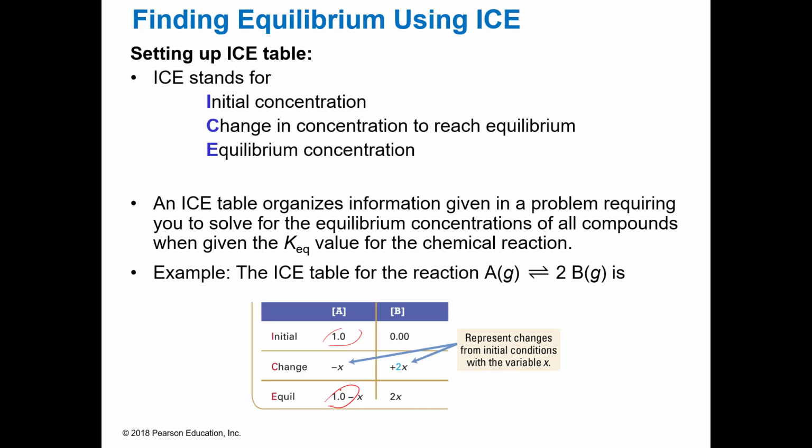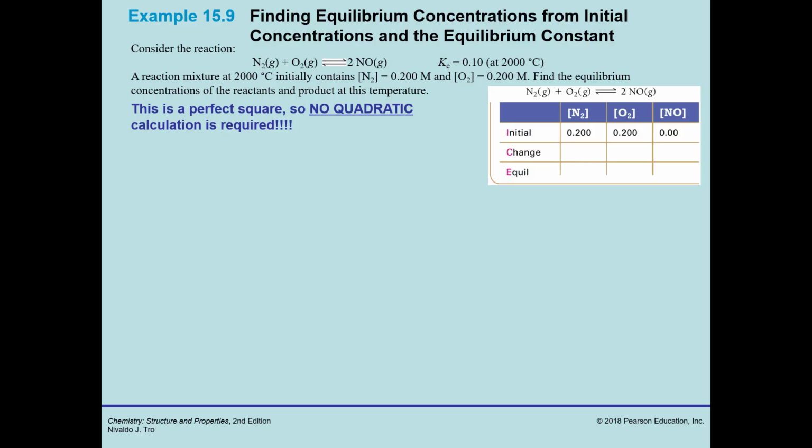If we don't know that, then we have to just say it's going to go down by X, or it'll go up by 2X, depending. It goes up by 2X because the coefficient is 2, and it goes down X because the coefficient is 1. I know, it sounds like gobbledygook at first. Hopefully when we work one, it'll make sense.